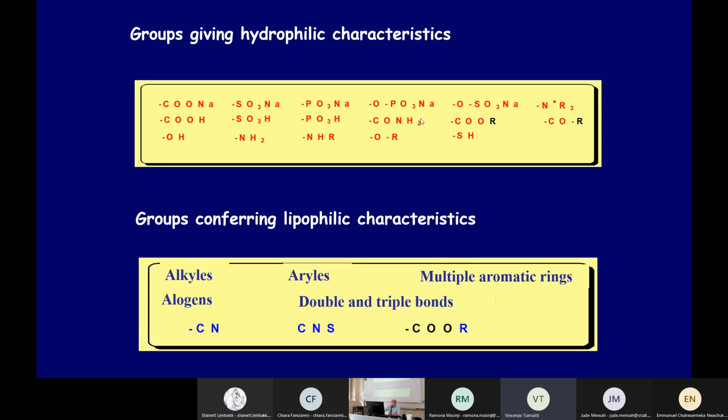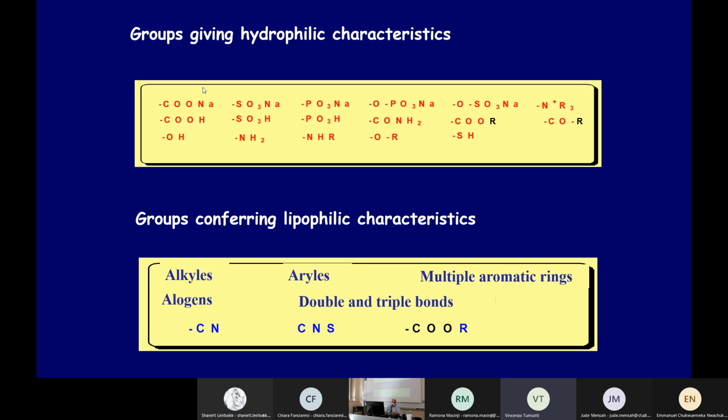Amides, hydrogen bonds, yes. But overall, salts. You know, a salt is a result of an acid mixed with a base. Because in this case, you have a carboxylic acid mixed with a base.